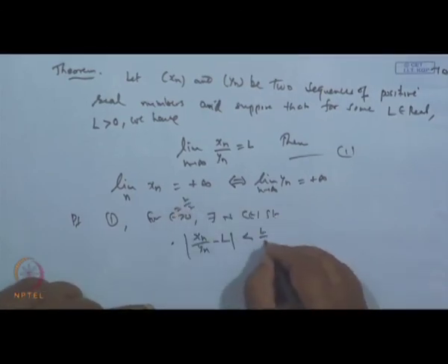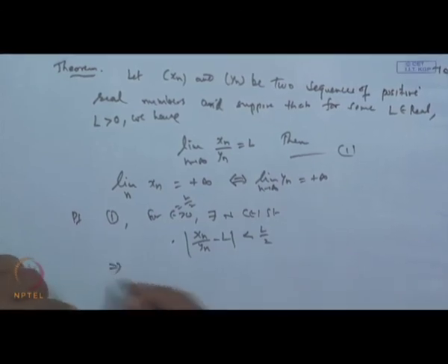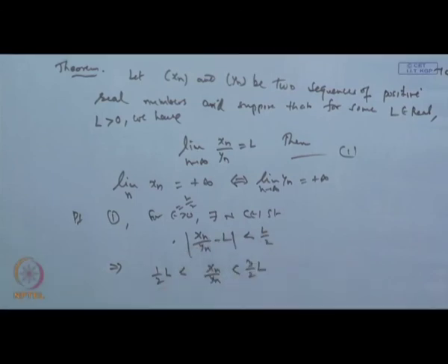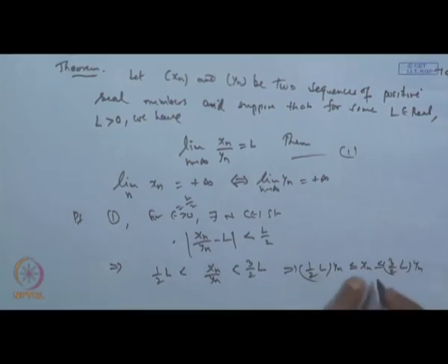So, it is less than L by 2, and if I open this, we get half L is less than x n by y n, which is less than 3 by 2 L. Now, if we multiply by y n, this implies that half L times y n is less than or equal to x n, which is less than or equal to 3 by 2 L times y n. Now, these are finite. So, if y n goes to infinity, x n will go to infinity. If x n goes to infinity, y n will too. So, the result follows. That is all.